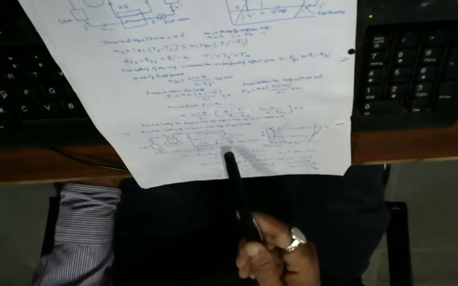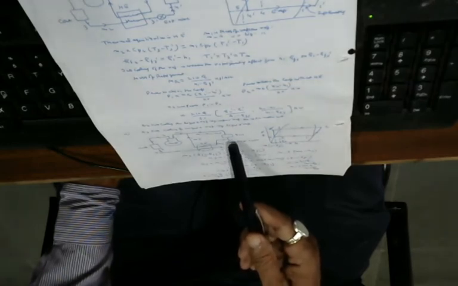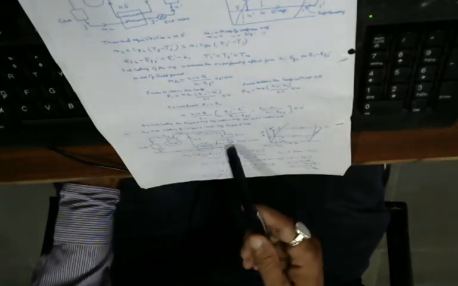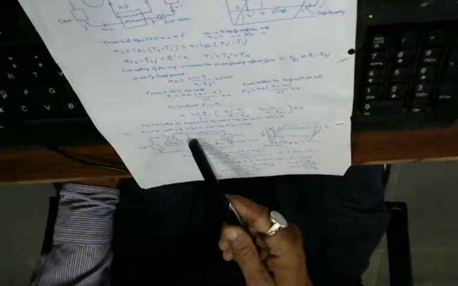Now as soon as it crosses the expansion valve, we allow the refrigerant to go to the heat exchanger, and after passing through the heat exchanger it is allowed to go to the compressor.